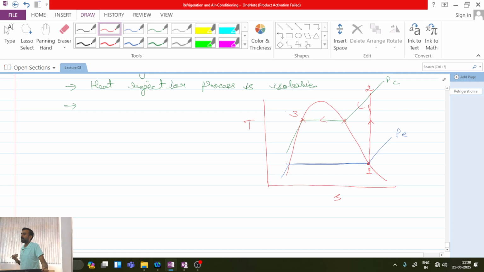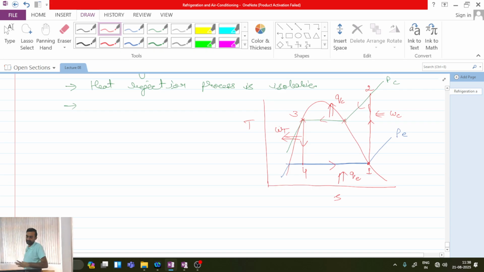Then 3 to 4 I will be doing the expansion in the turbine. And 4 to 1 again I will be going in the evaporator. So here in process 4 to 1 I am adding QE amount of heat. Here I am removing QC amount of heat. Here I am adding WC amount of work, and here I am getting WT amount of work output.